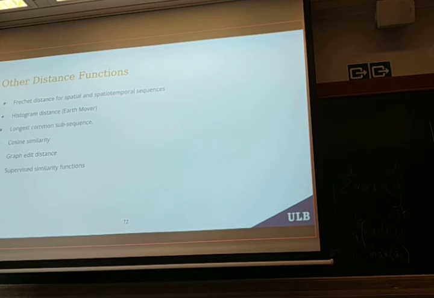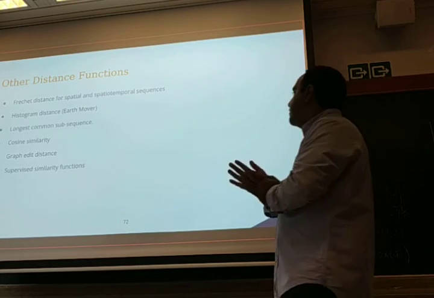Earth mover distance will consider that one histogram is hills of sand, and the bins of the other one are holes in the ground. And then the idea is to find the minimum effort required to fill the holes with the hills. You have so many combinations to move a bit from here and a bit from there, or to move the whole bin. So you need to fill one with the other. It's also an interesting kind of distance.